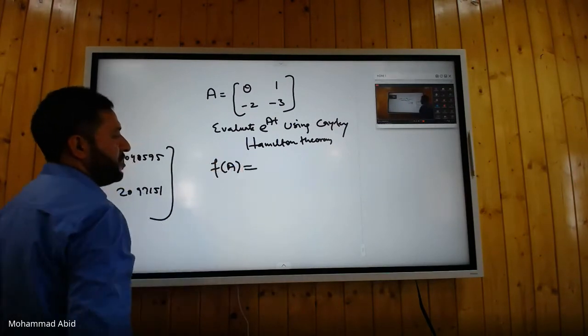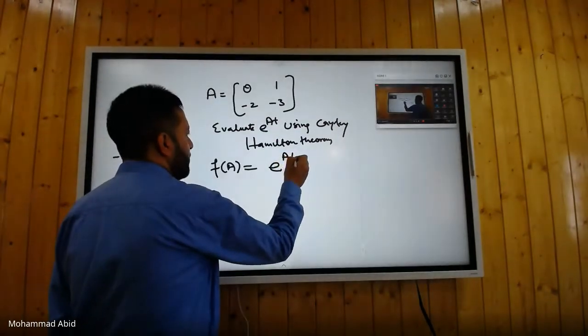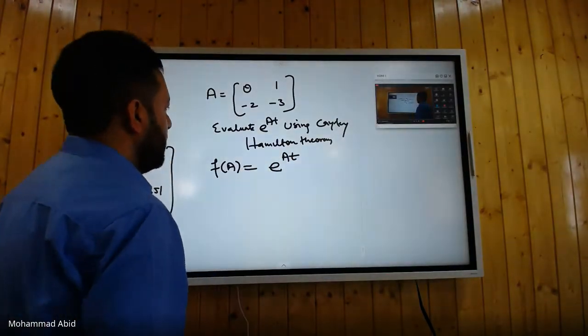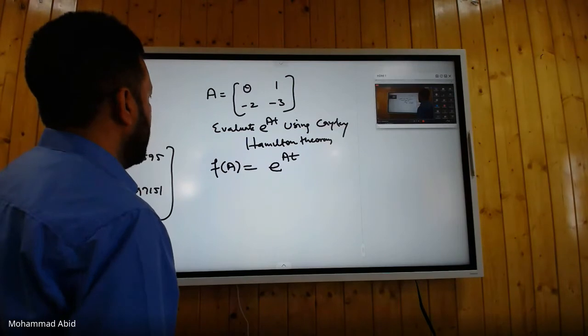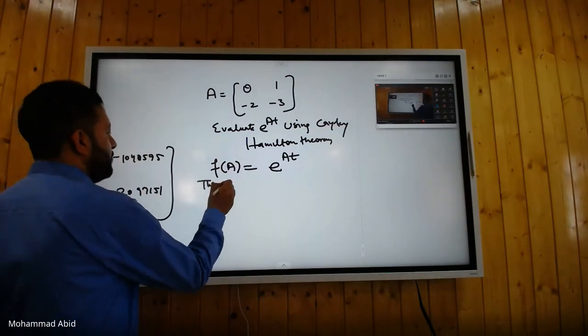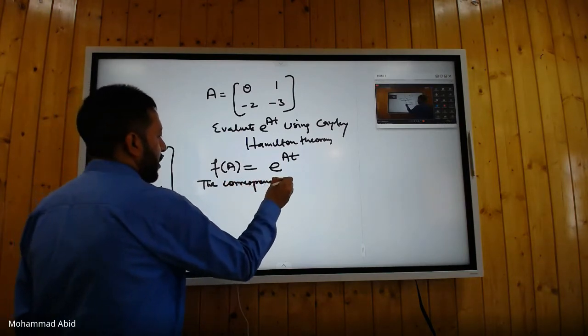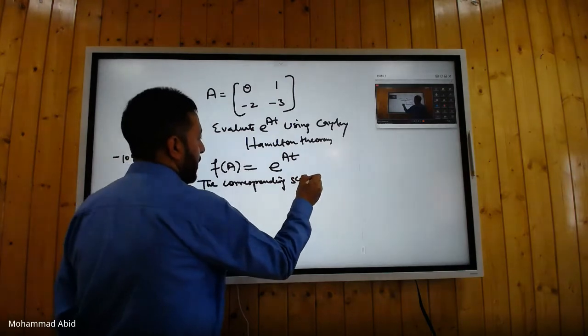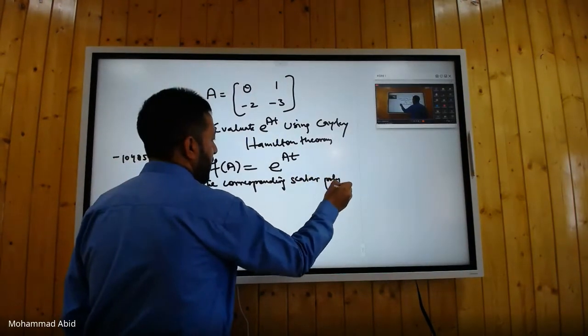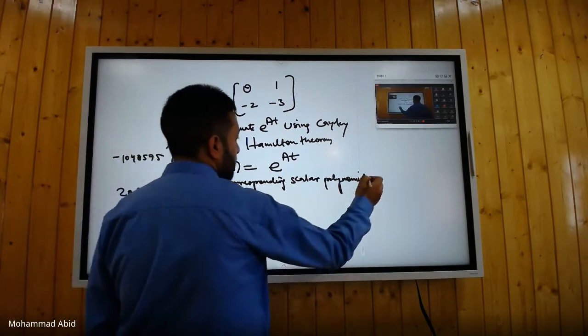F(A) is the matrix function that we have to evaluate. So F(A) is e to the power At. This is to be evaluated. Please see the steps, how we have to do it. What would be the corresponding scalar polynomial?